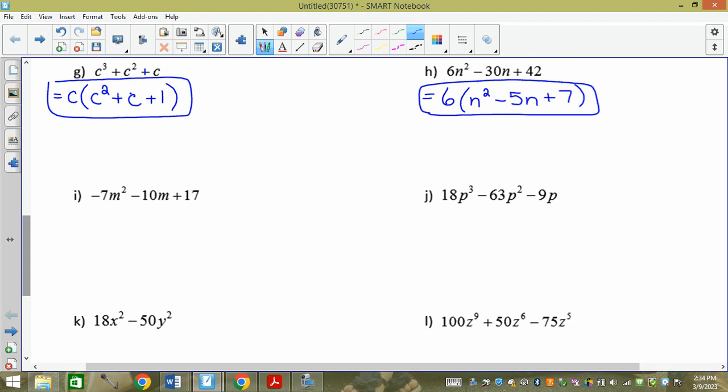What can I take out of I? In this case, you could take out nothing, or you could take out a negative 1. So I'm just going to take out a negative 1 to prove that if you want all the signs to change, you can just take out a negative 1, and it changes every single sign. That's all it does. So here, if I take a negative 1 out, I'm left with 7m squared plus 10m minus 17.